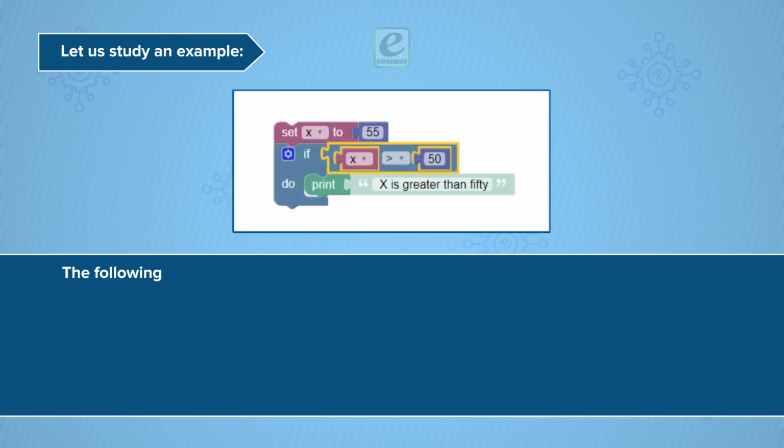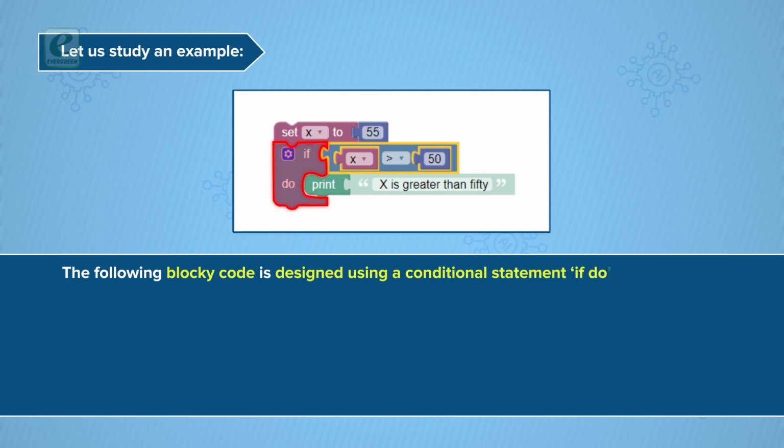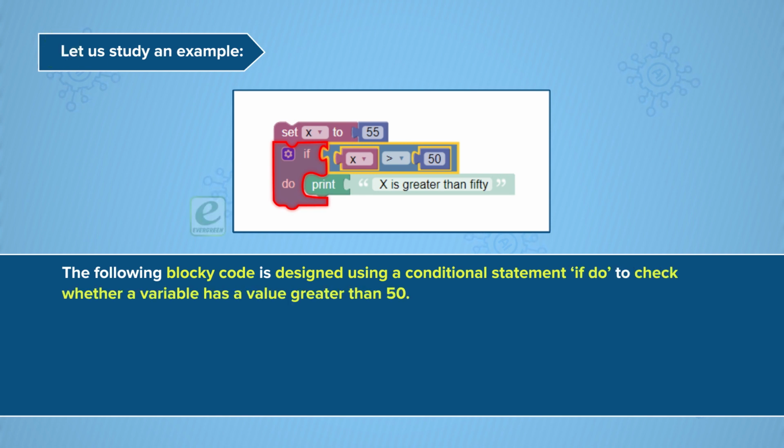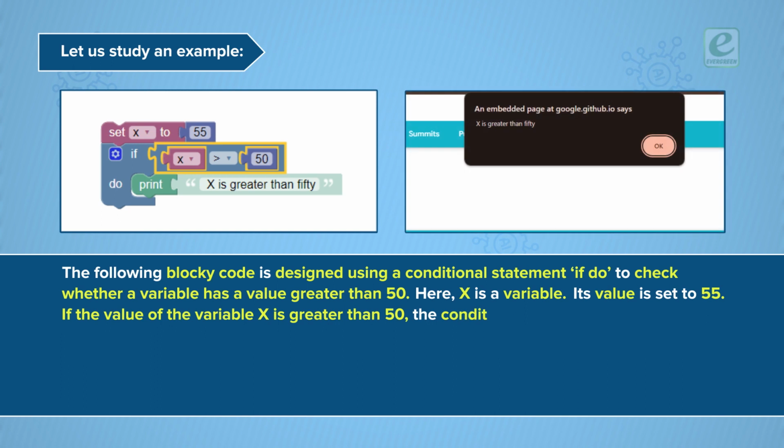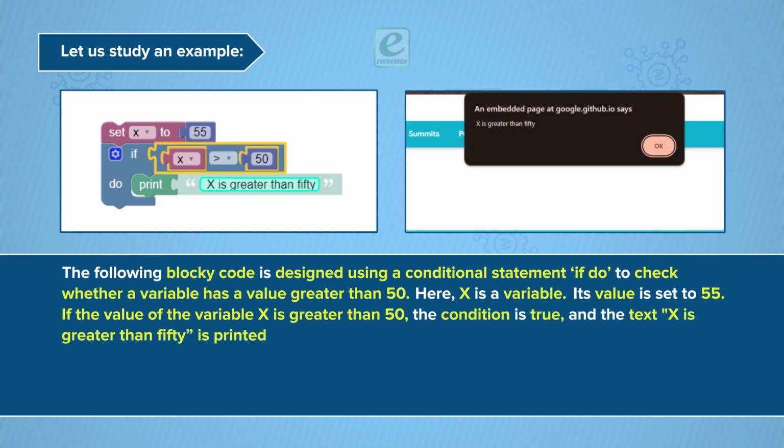The following Blockly code is designed using a conditional statement, if do, to check whether a variable has a greater value than 50. Here x is a variable. Its value is set to 55. If the value of the variable x is greater than 50, the condition is true and the text "x is greater than 50" is printed.